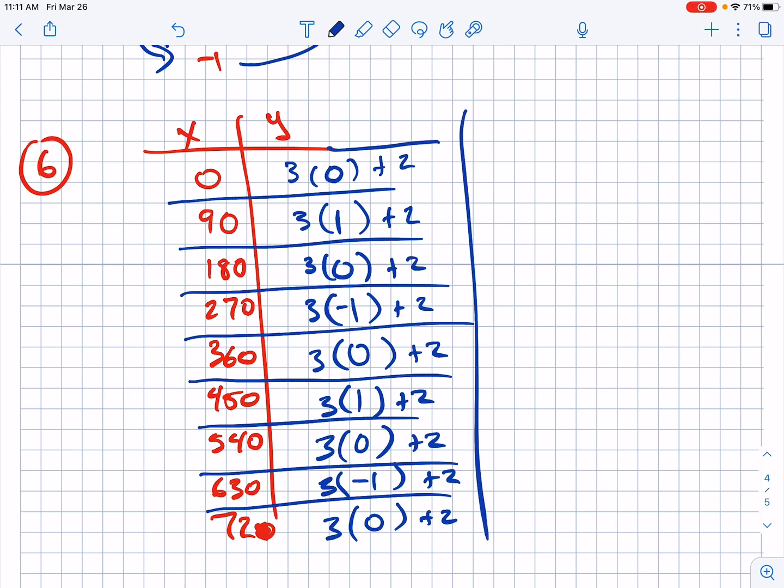So maybe I should say, here's where we evaluate our y's, and the actual y's are over here. So maybe this is f of x here, or let's just call it f of x.